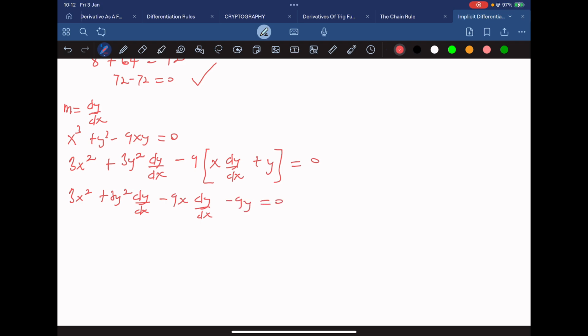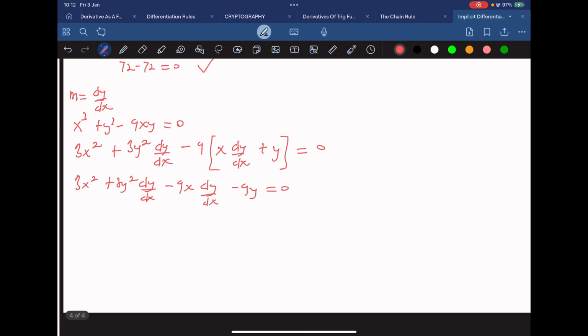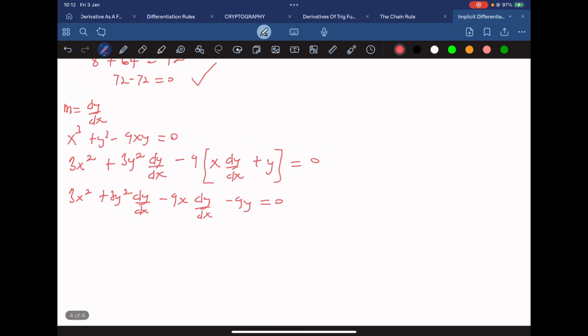So we just have to group the dy dx, right? So we have 3y squared dy dx minus 9x dy dx. Then we can send the rest to the right hand side. So if we send, we have positive 9y, then minus 3x squared. So we can factorize dy dx out.